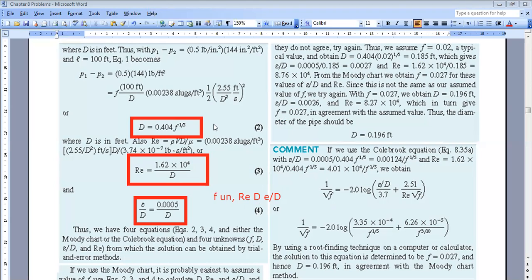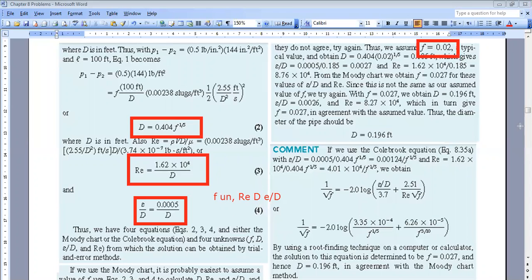Now if I look at my relation, the relation between F and D is straightforward, so I can assume F, and from F I get D. So it's a good idea to assume F, because for F we always have some ranges, some typical values. You will learn them from experience. So a typical value for F, when you don't have epsilon over D, you can start from 0.02. It's a good start, because it's nearly the middle.